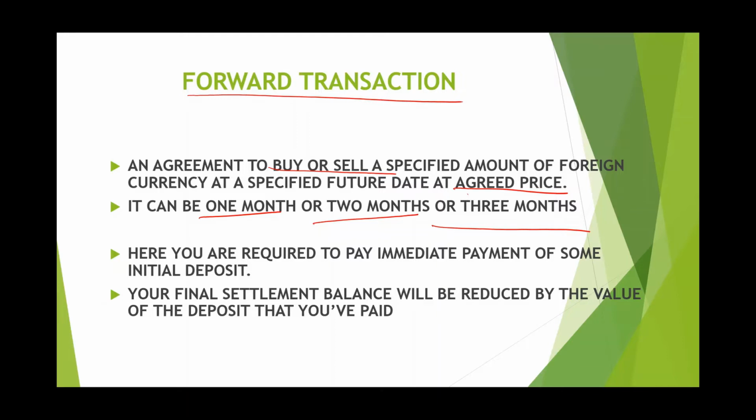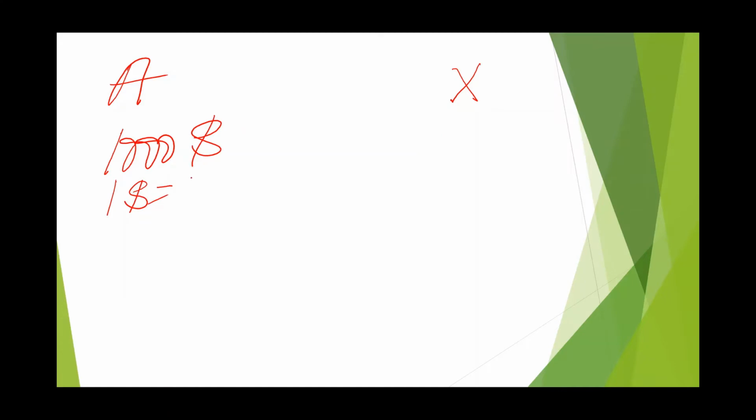Say, for an example, A is entering into a contract with X person to buy $1,000. Today, the price of $1 is 76 rupees. He wants to purchase $1,000 after 1 month.